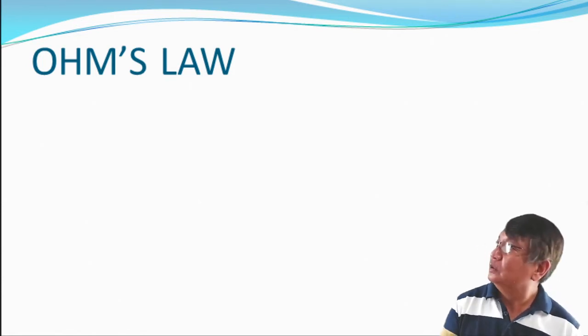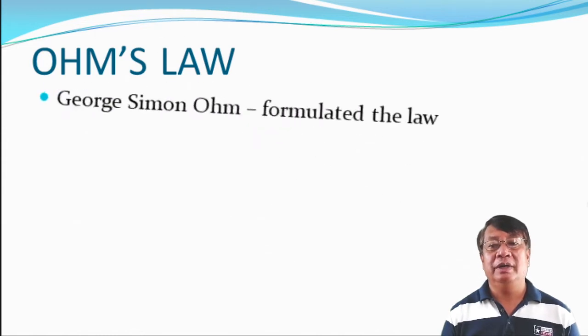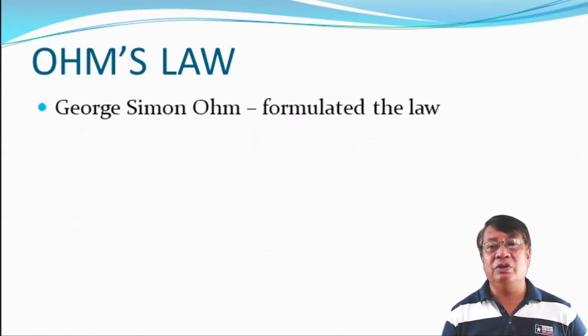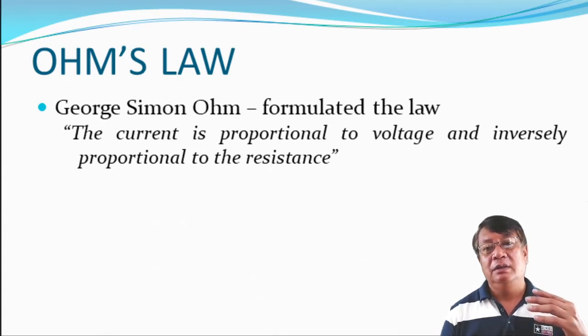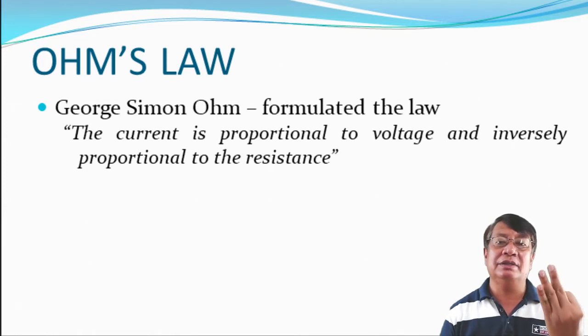As I mentioned a while ago, Ohm's law was formulated by George Simon Ohm, and he said that the current is proportional to the voltage and inversely proportional to the resistance. So this Ohm's law discusses three factors: the current, voltage, and resistance.